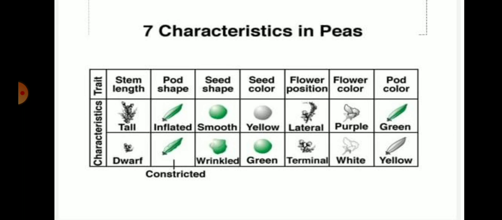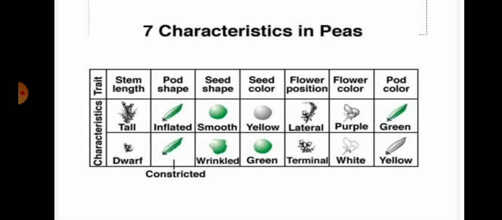The traits are stem length, pod shape, seed shape, seed color, flower position, flower color, and pod color. Each trait has two characteristics, and all these parents are pure line parents. First trait, stem length: tall and dwarf plant.